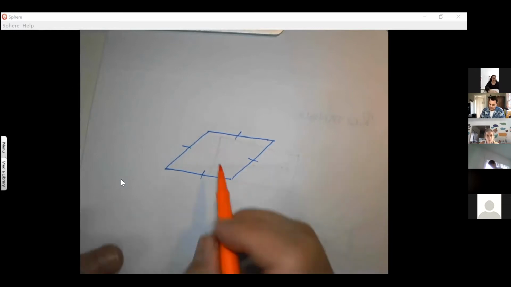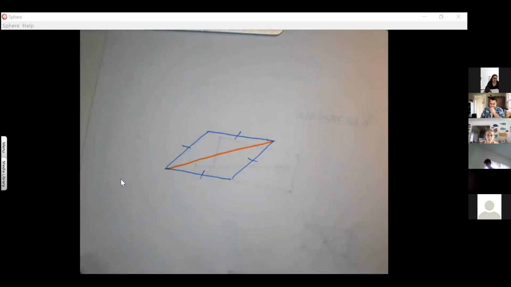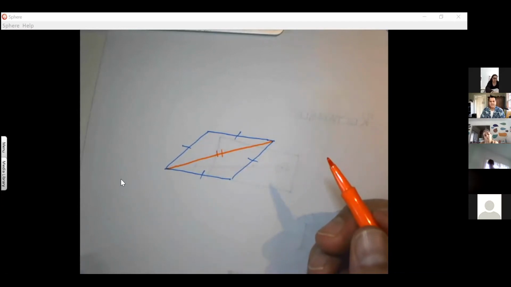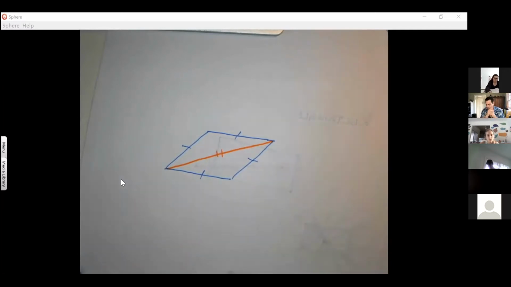Now, what we often did when we proved parallelograms was we drew a diagonal, recognizing that that was reflexive. And what do we notice about these 2 triangles? They're congruent by SSS.